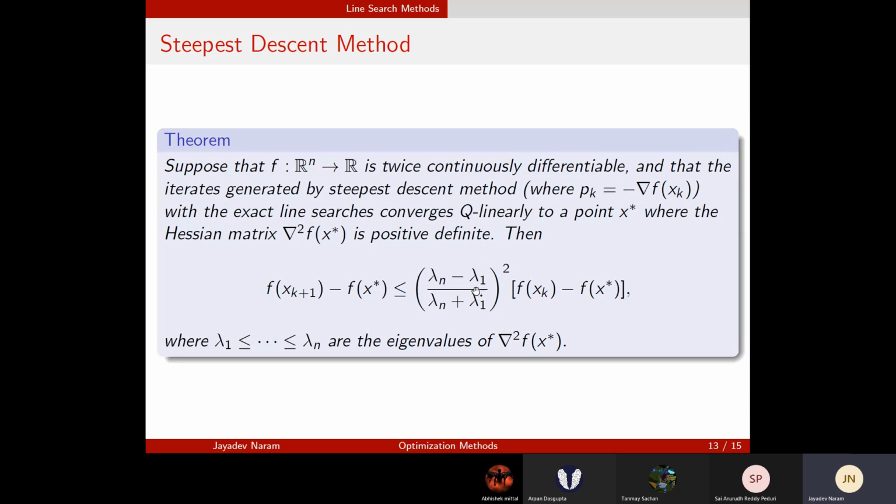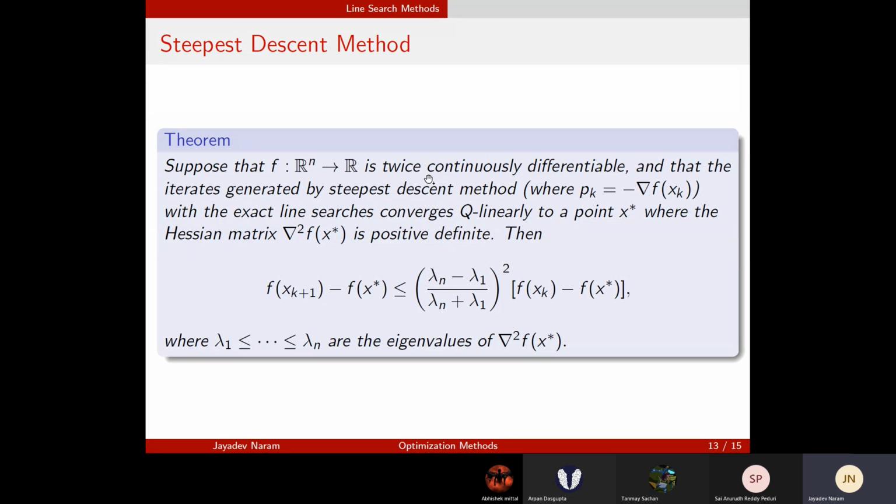So this is a constant, say some r. This rightly fits the definition of Q-linear convergence. So here f of xk will converge to f of x star, and the rate of convergence is Q-linear, and the rate itself is this quantity.